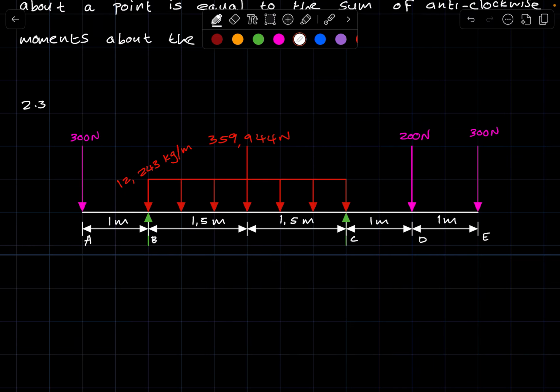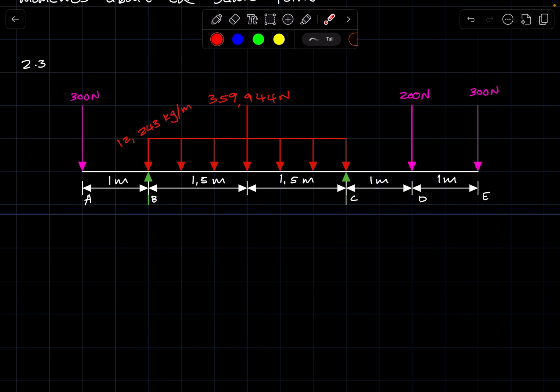So applying conditions of equilibrium, we first take moments about point C, thus eliminating this reaction, so that we'll be able to get the magnitude of this reaction.